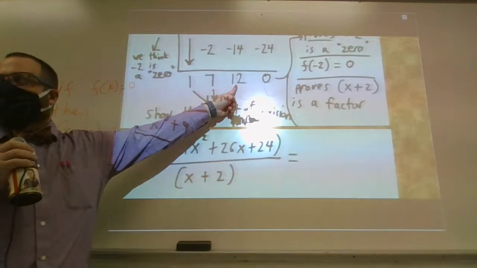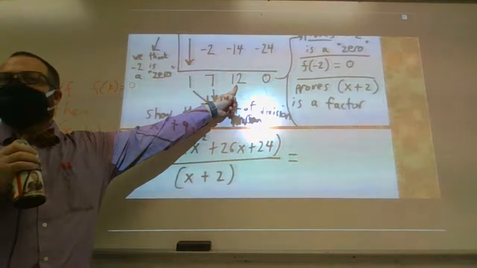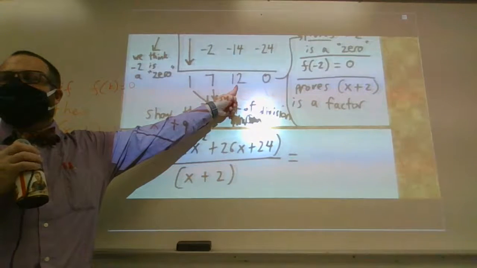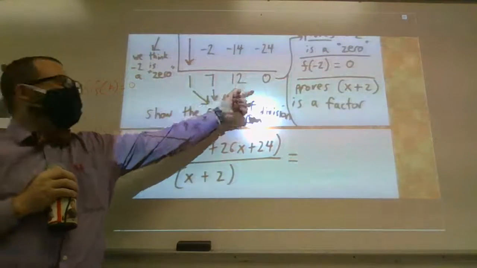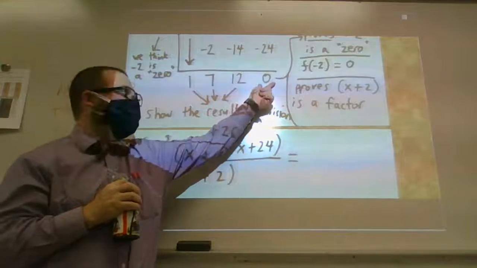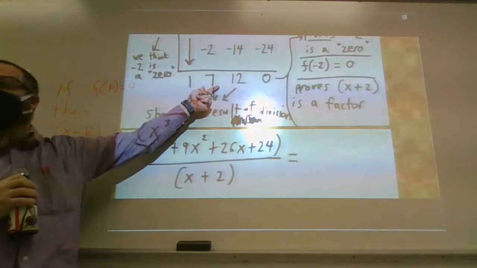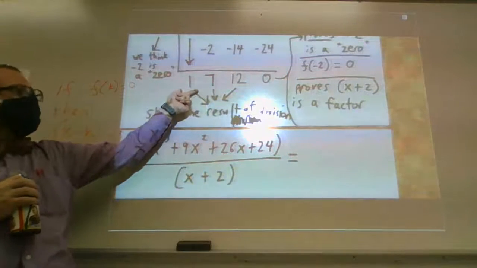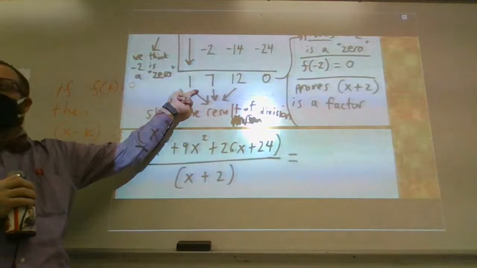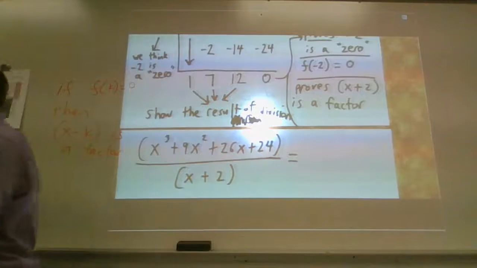From last week, do you guys remember what this was? This is last week's stuff. If this number is your remainder, and then you move over, what's this? Your constant, your next one, your x term, your x squared term. Yeah, that's the result of the division.